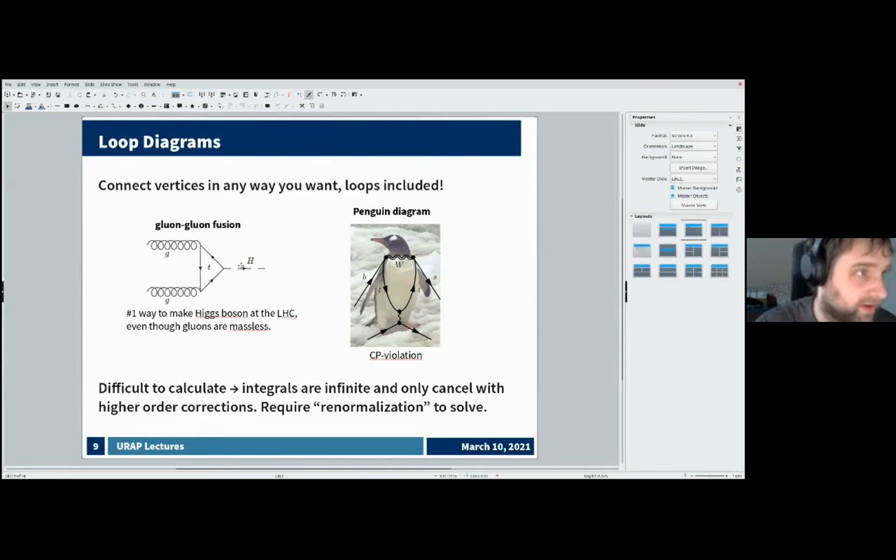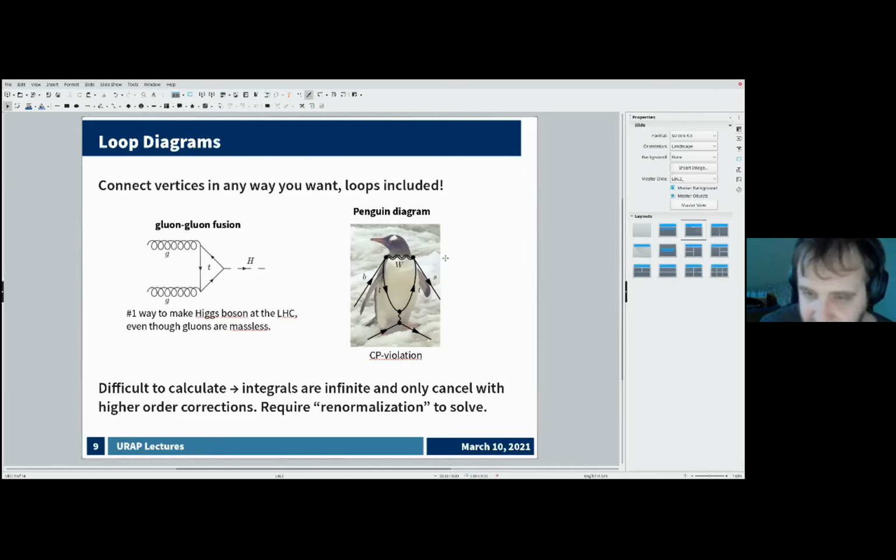Or put it another way, it interacts more strongly with particles that are massive. However, a gluon does not have mass, so it should not interact with the Higgs boson. But because of these loop diagrams, you do have a way of producing Higgs bosons from gluons.